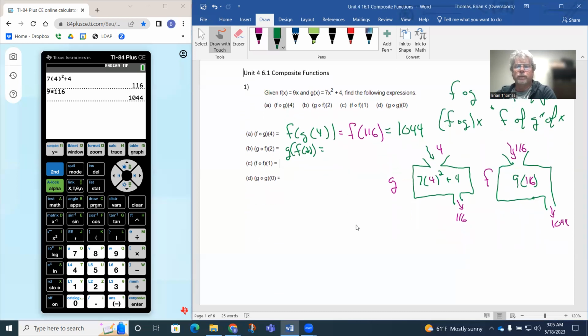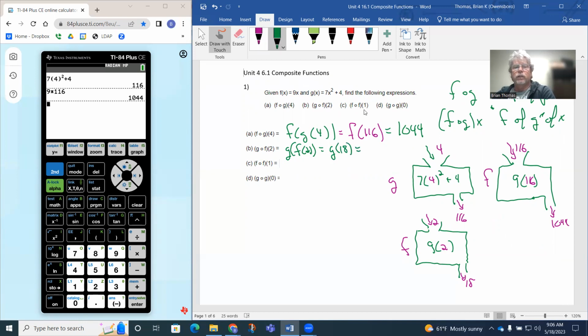If I look at this from the perspective of the drawing, the f function is first, so we're going to be multiplying by 9, and what's going into that function is a 2. The 2 is going to be multiplied by 9. 9 times 2 would be 18. So this then turns into g of 18.